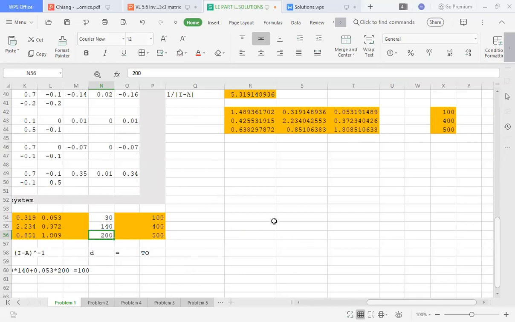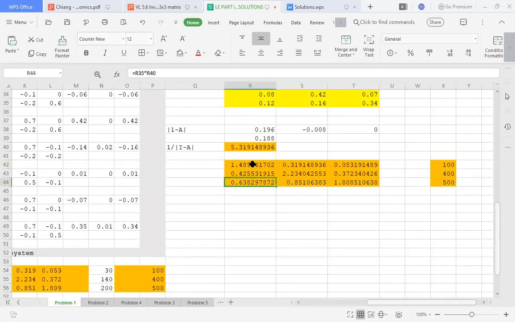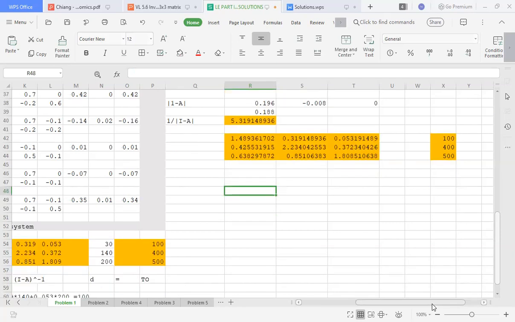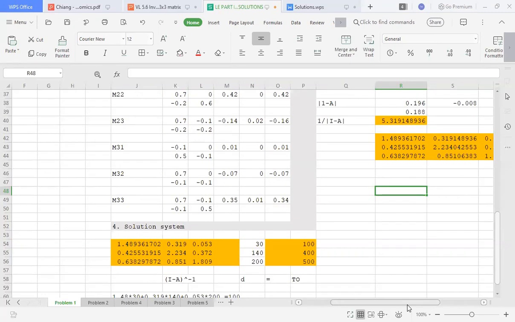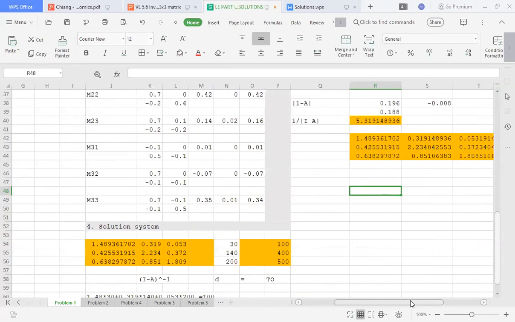For example, if these are your figures, class, do not write it yet as 1.48 because you will not yield a specific value for the total output. So again, only round it off when it's the final answer. Now, for the final answer, you will need to round it off to 4 decimal points to arrive at an answer.